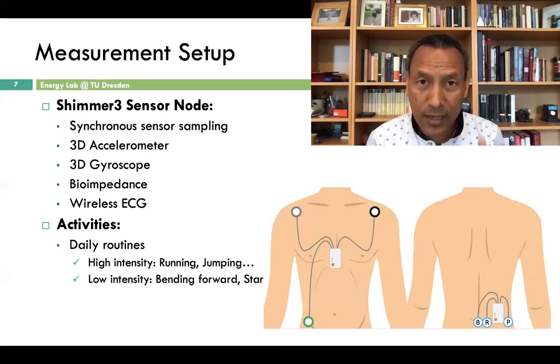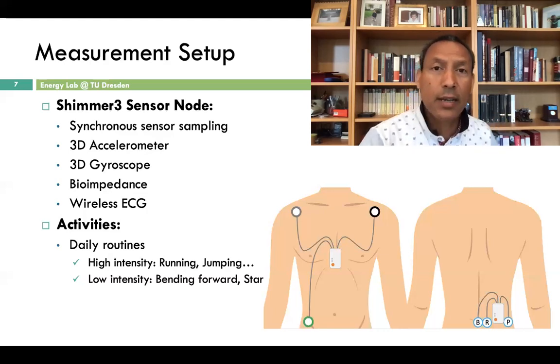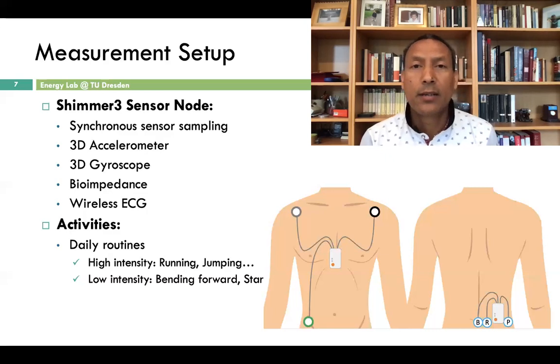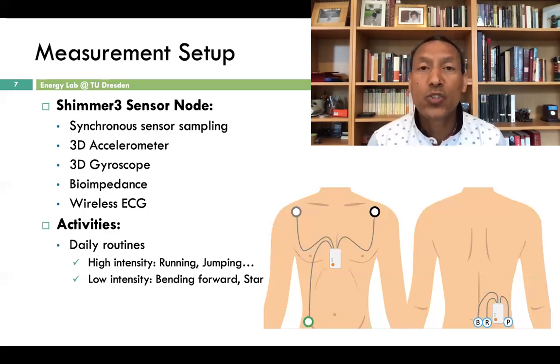Similarly, we have the gyroscope measuring the angular velocity of the body in the x-axis, in the y, and in the z-axis. And we try to establish correlation between this to reason about motion artifacts.